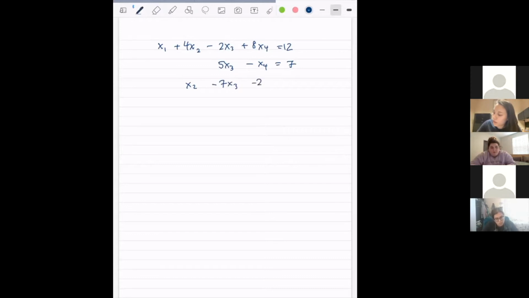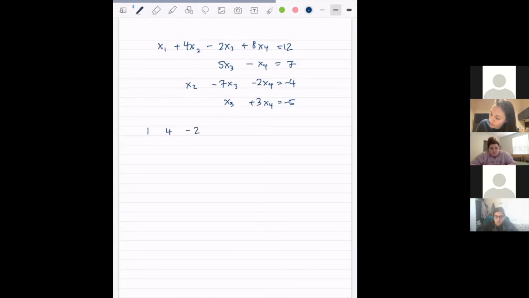So of course, the first step is going to be putting this into an augmented matrix so that we can use our row operations on it. Okay, this is our system, and I'm going to write it as a matrix.